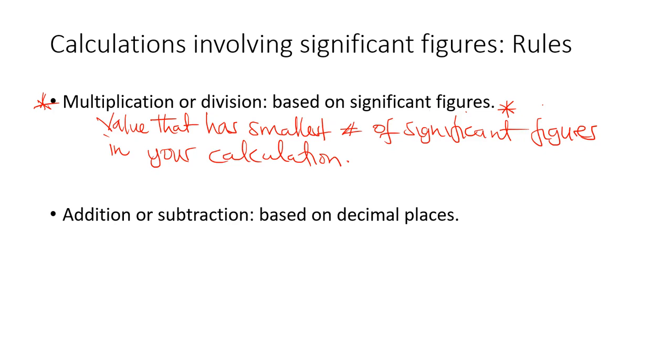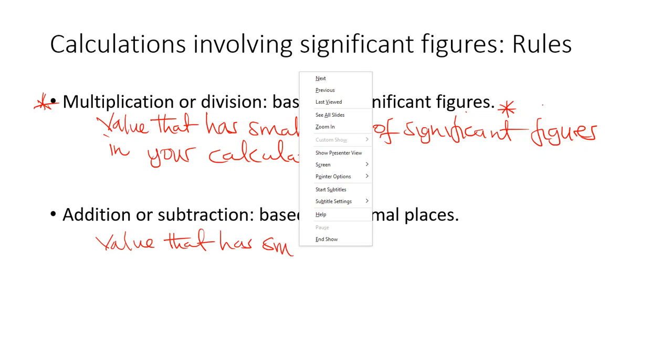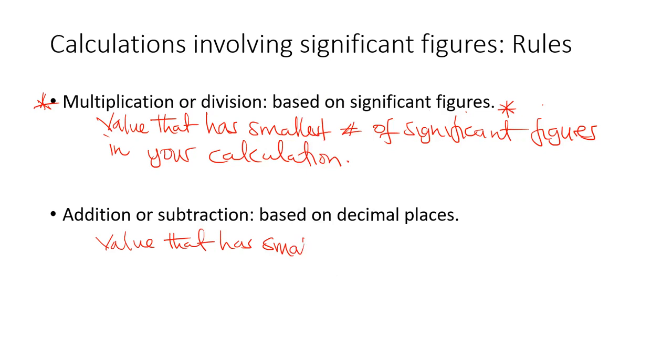If you are adding or subtracting, your value depends on decimal points or decimal places. So your answer will depend on the value that has the smallest number of decimal places. We are going to see what we mean by that.